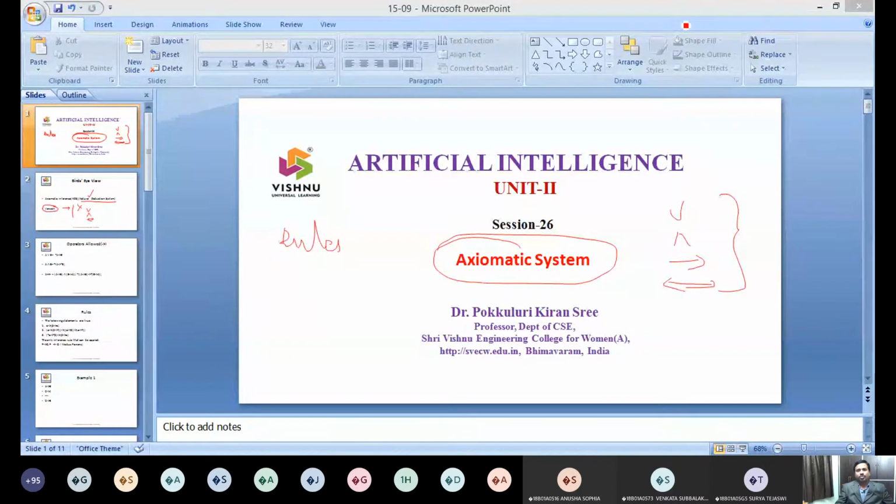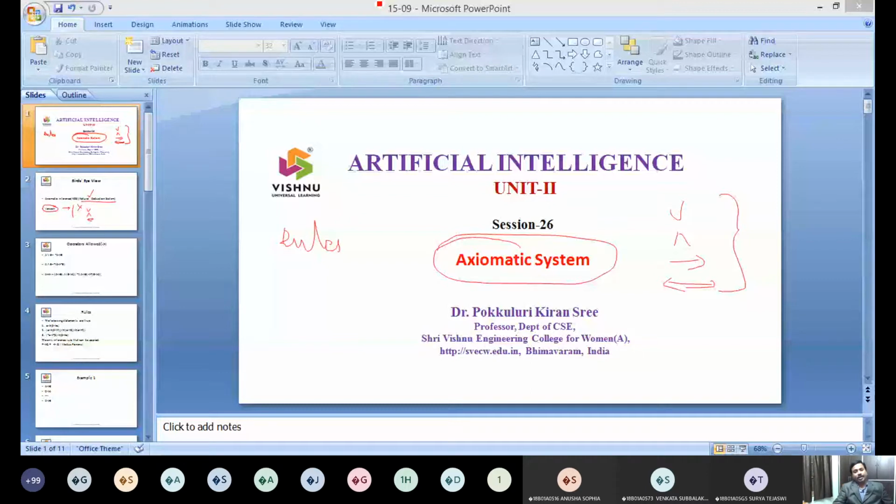No other inference rules are valid. This is called modus ponens. We have seen 8 to 9 rules yesterday and the day before yesterday. All these rules will not be applied here. So the only symbol permitted is implication, and the only rule given is this one. Based on that, you need to apply it and try to conclude.